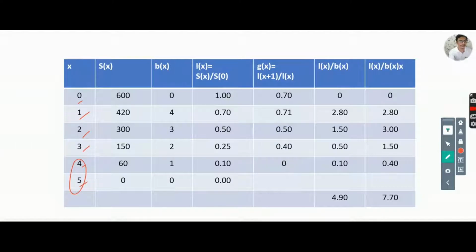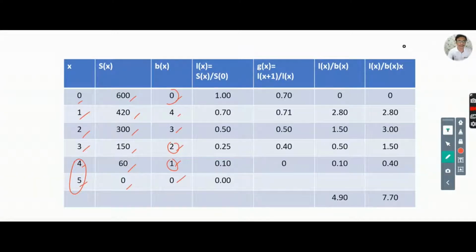And again you can see the numbers 600, 420, 300, 150, 60, 0. And Bx, nothing to do, this is the reproductive potentiality. As the age increases, the Bx goes down. And initially, when they are young ones, they are not sexually matured. At that time, the reproductive potentiality is nil.